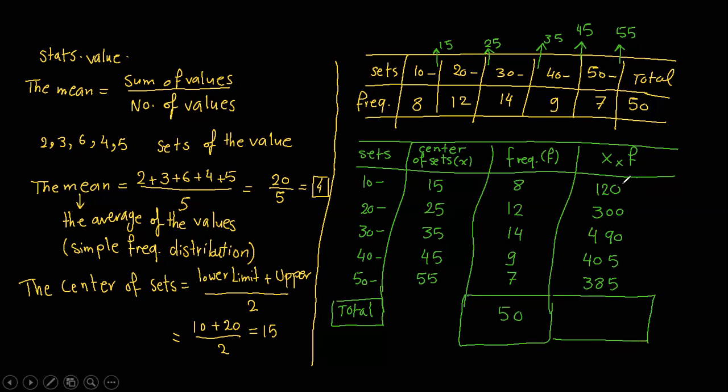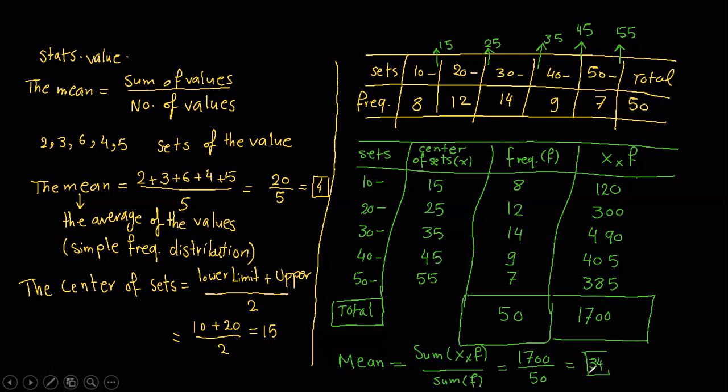Then we make the sum of these values using a calculator, it will be 1700. Then the mean of the value equals the sum of this product over the sum of f, which equals 1700 divided by 50. Using a calculator, it will be 34, the value that we want.